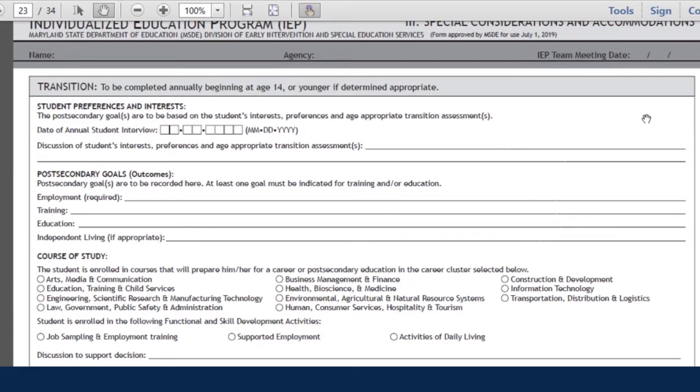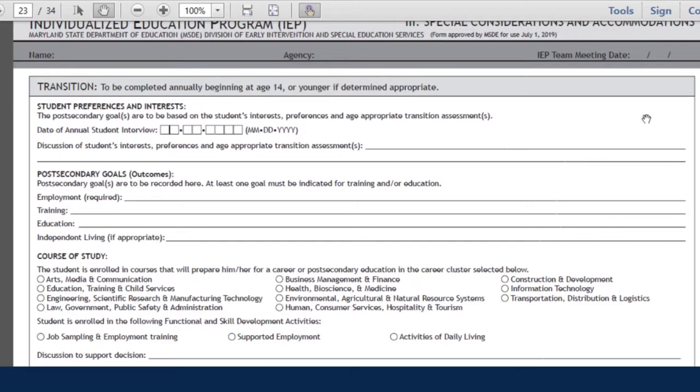So parents should consider, once transition services start, parents need to start thinking about what high school is going to look like for their child. Where will they go to high school? Will they go to their home school? Will they go to a special school like a trade school or a technical school?